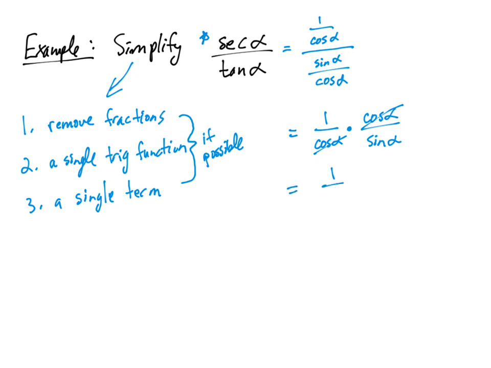So we end up with 1 over sine alpha. We have a single trig function now, and a single term, but we still have a fraction. Sine and cosecant are reciprocals of each other, so I can rewrite 1 over sine of alpha as cosecant of alpha.